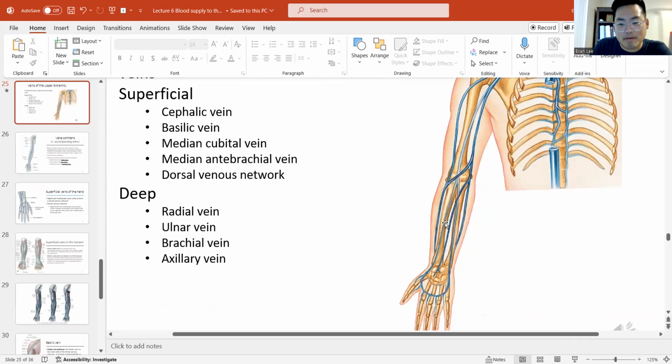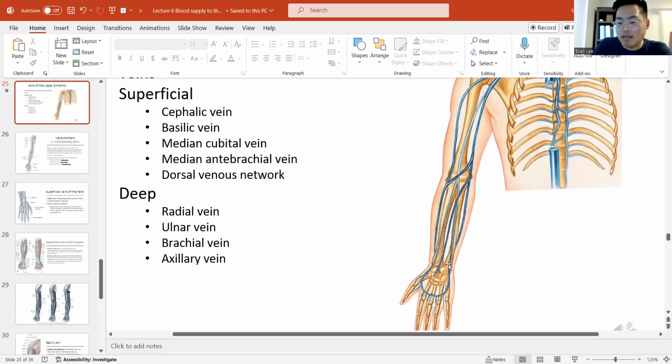This is a simple picture because these are venae comitantes, usually a pair of small blood vessels that follow the arteries, but they will go up and join together to form the brachial vein. So the radial vein and ulnar vein join together to form the brachial vein.